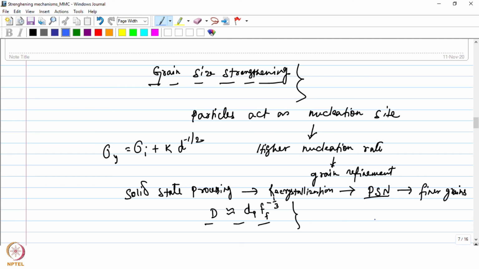So particles of a given size can stimulate the nucleation in the recrystallization process, and this phenomenon is known as particle stimulated nucleation, and therefore in the recrystallized material the grains will be finer, and the strengthening effect will come from the grain refinement strengthening as per the Hall-Petch relationship.